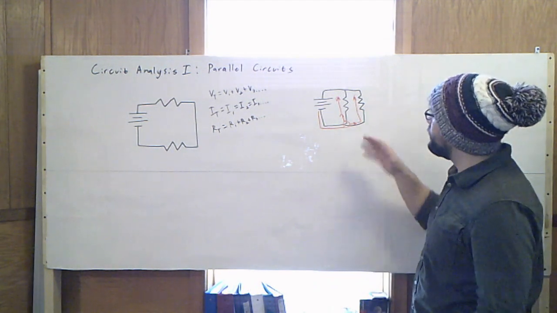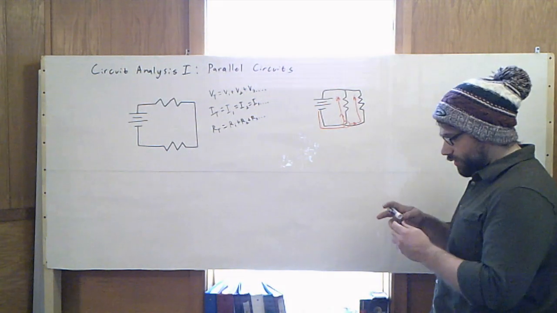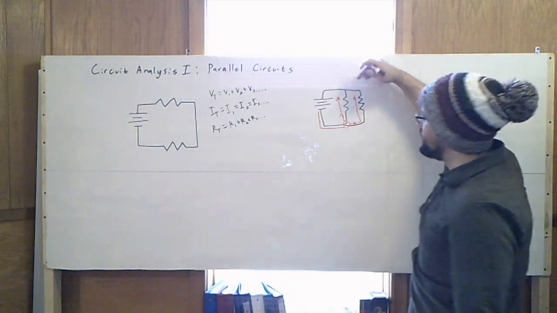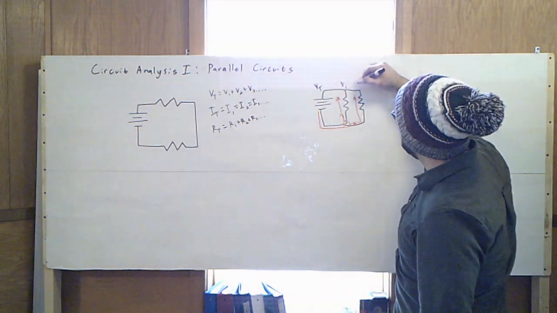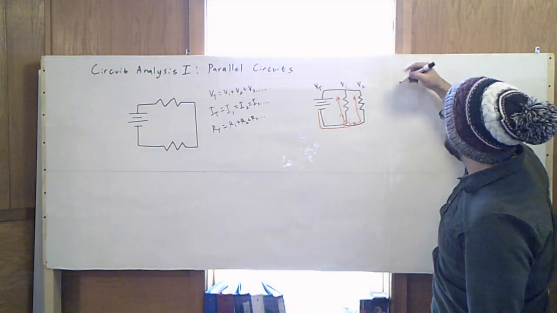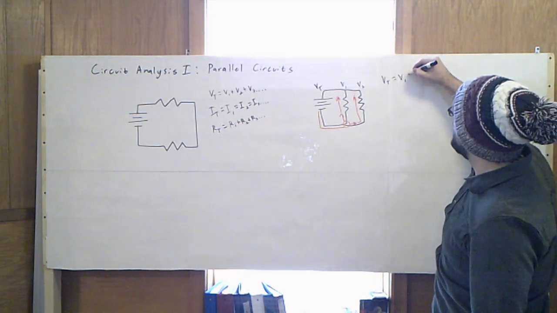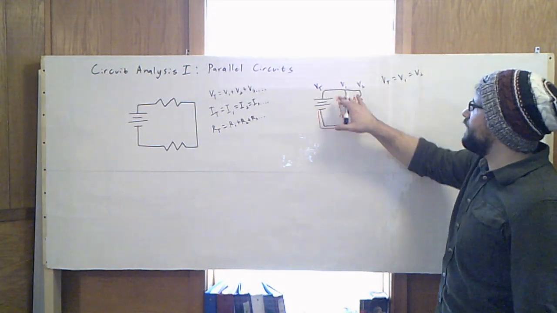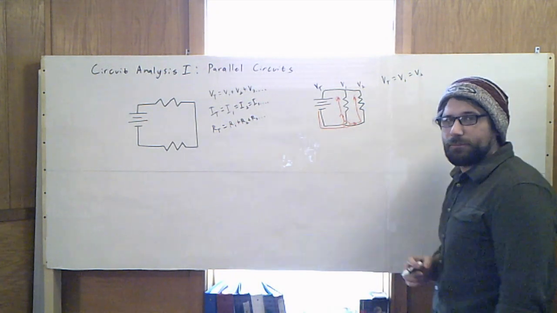And in fact, our voltage is actually going to be equal on both of these branches. That's what we call this. We call these separate branches. So this is my V total, and this is V1, and this is V2. Then my V total is going to be equal to V1, which will be equal to V2. It's going to be even. It's going to be just like the current was in a series circuit.